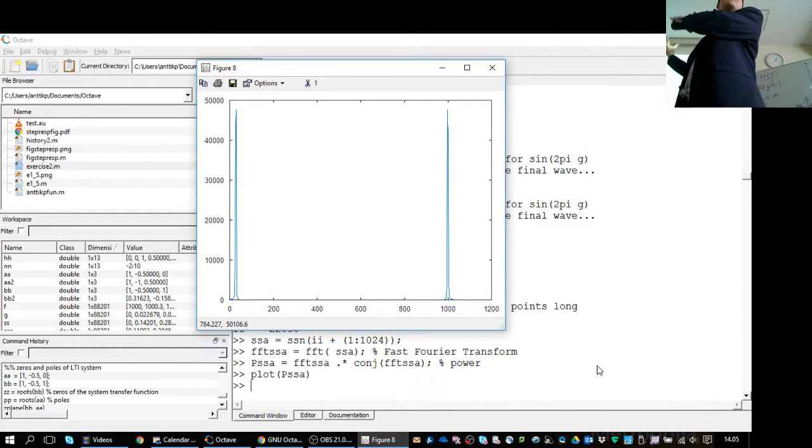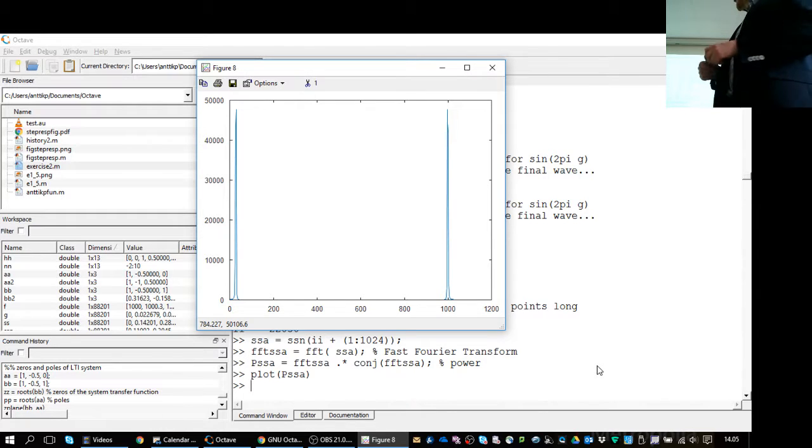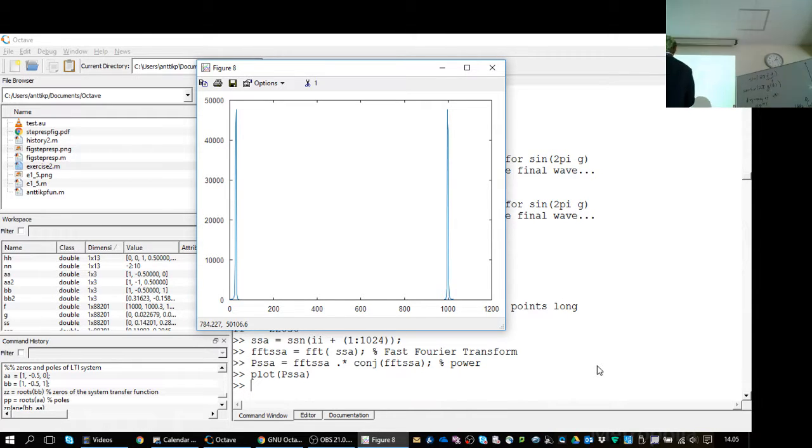But it's a full spectrum. It's required to reconstruct the whole signal. But for amplitude or phase response, from the spectrum point of view, you don't need more than the first half of the picture.